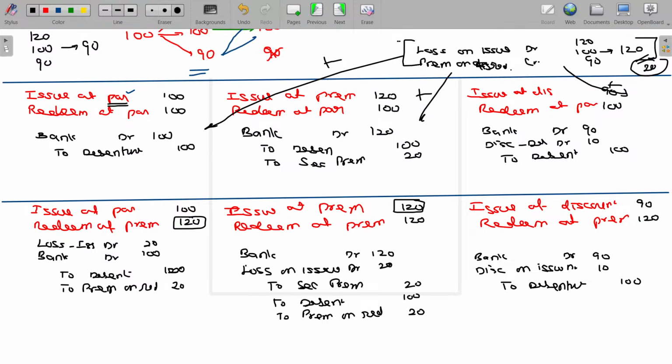As you pay 20 rupees higher on redemption, you have to add this entry also with the existing entry: loss on issue account debit to premium on redemption, value being 20. Hope now you'll be able to understand this one. Clear?